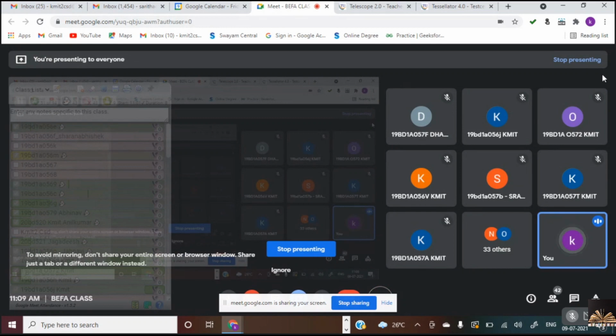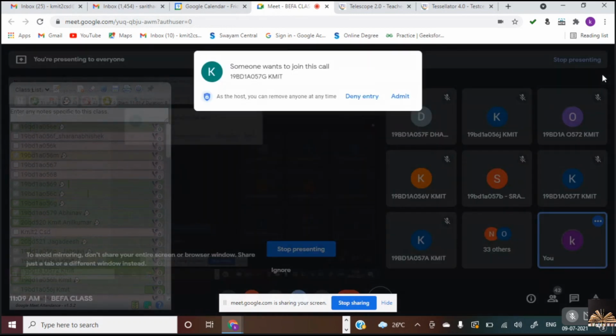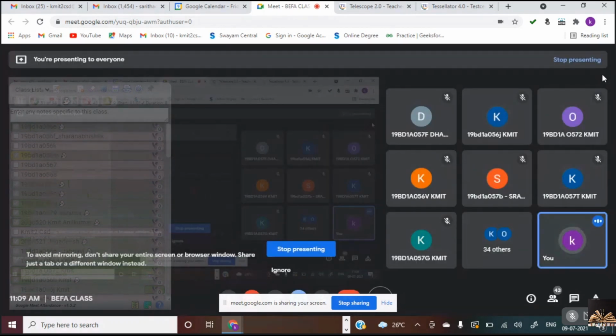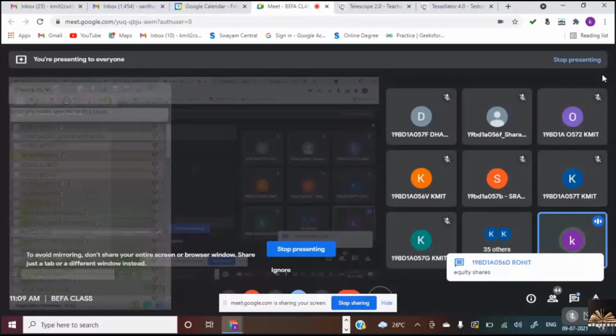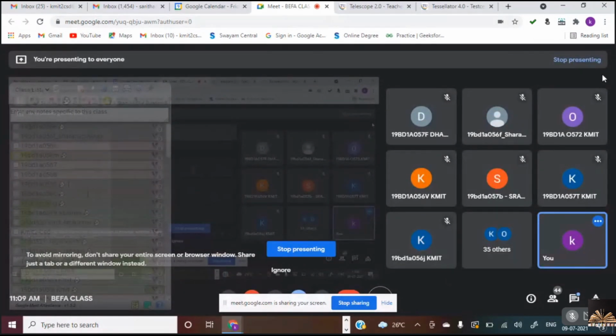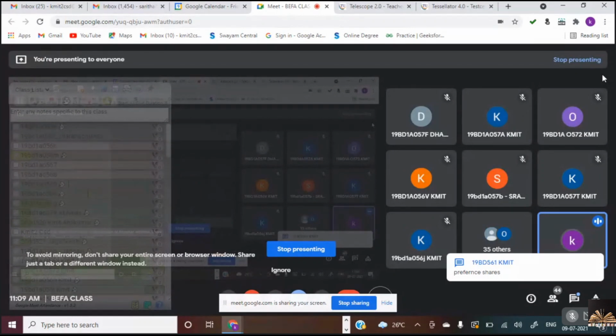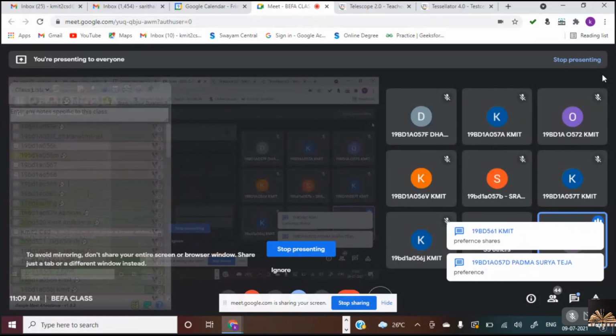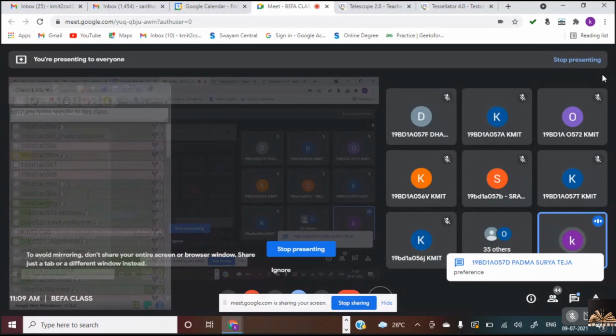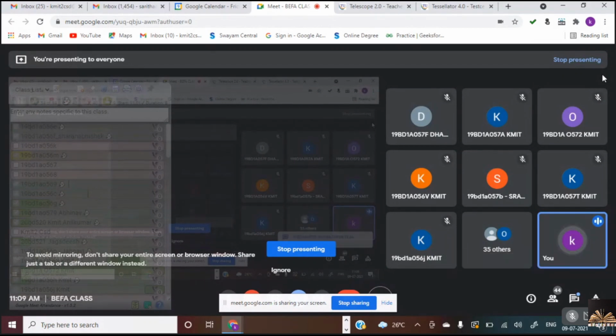What does the company pay to the shareholders? Dividends. And what are the 2 types of shares that the company offers? Equity shares. Very good, Rohit. Equity shares and what is the other one? Preference shares. Very good. Equity shares and preference shares. Okay. So these are the 2 types of shares that are offered by the company, and the company pays dividend.